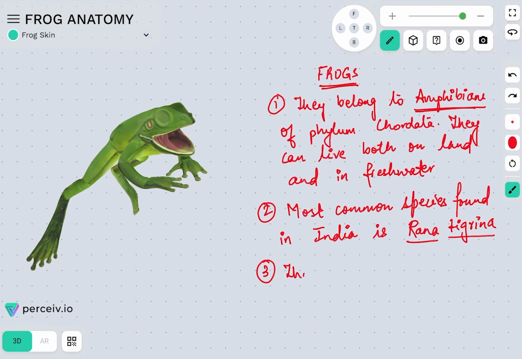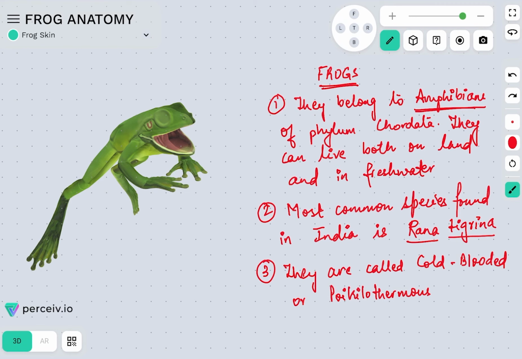So that's why they are called cold-blooded or poikilothermous, because they are not able to maintain constancy in their body temperature.